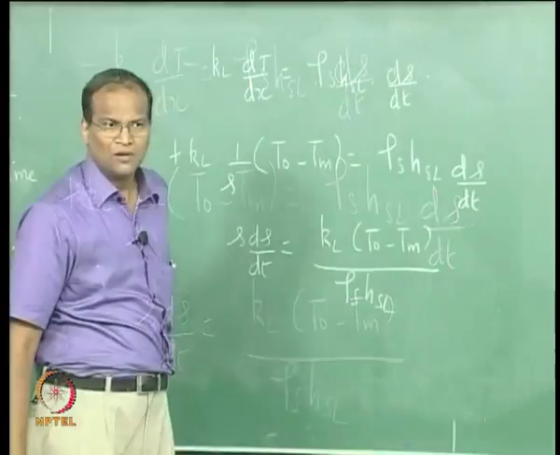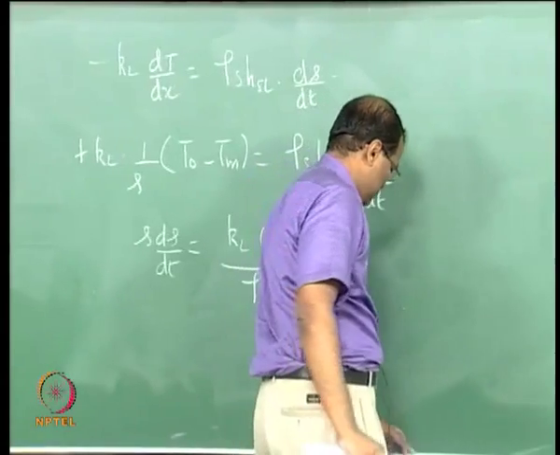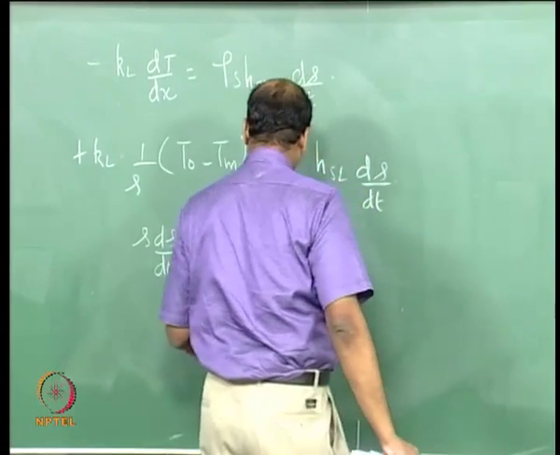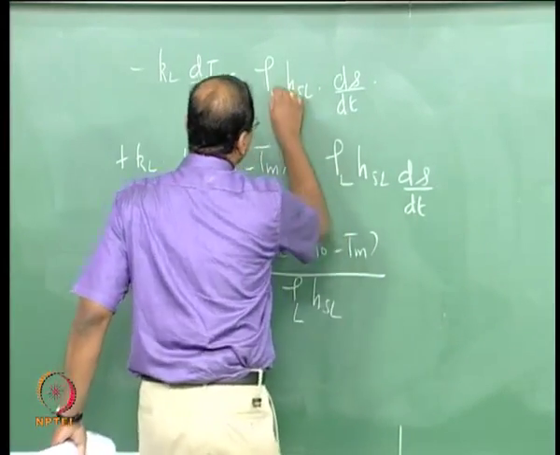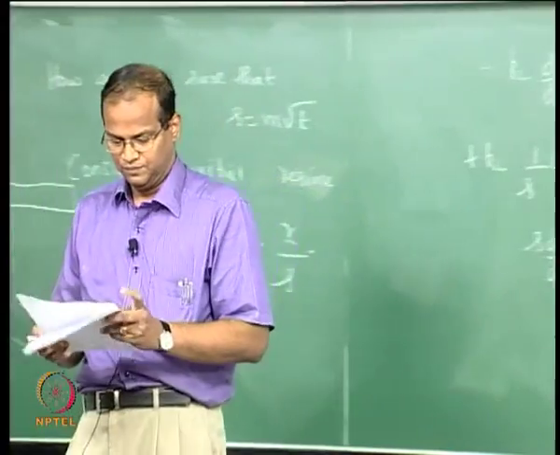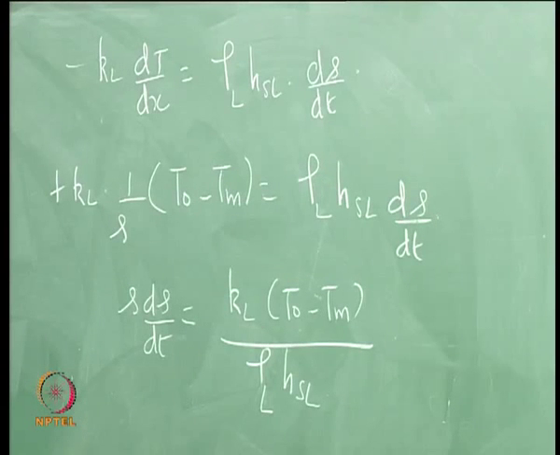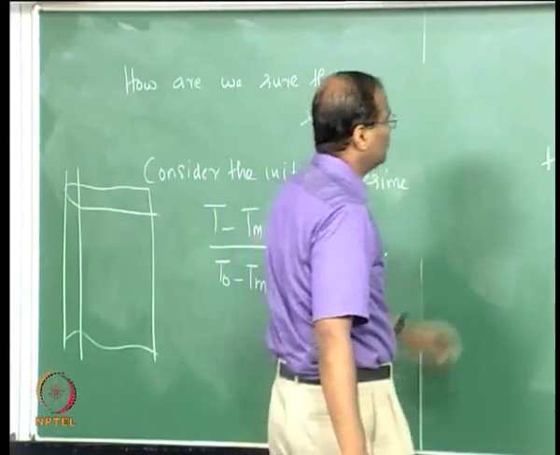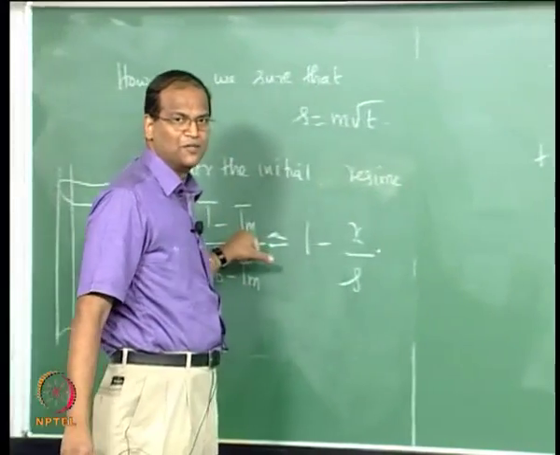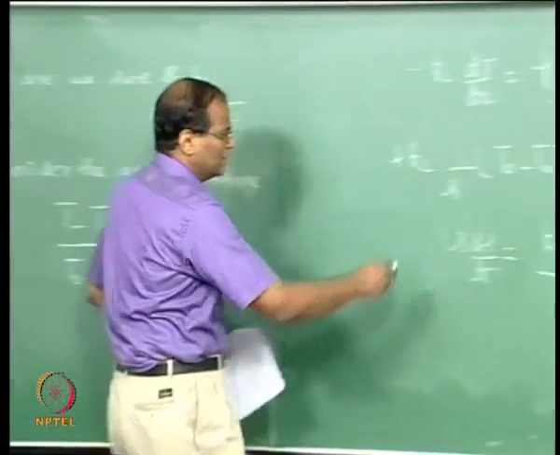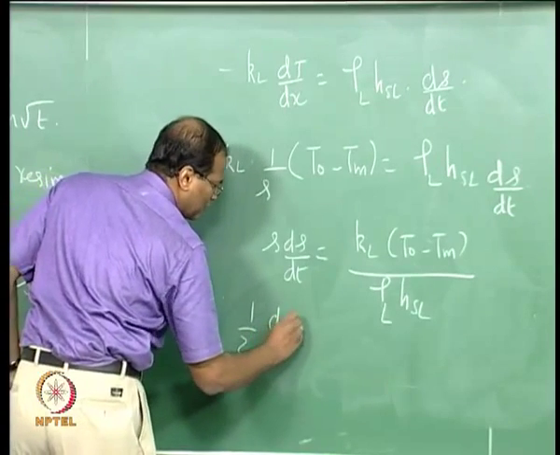Is it rho L? Yes? No, don't give a blank look. So, dt by dx I am differentiating from this temperature profile. Then now this is nothing but half of ds squared by dt.